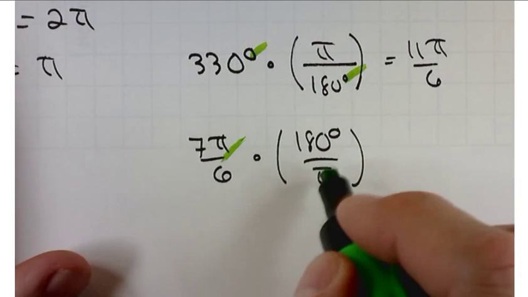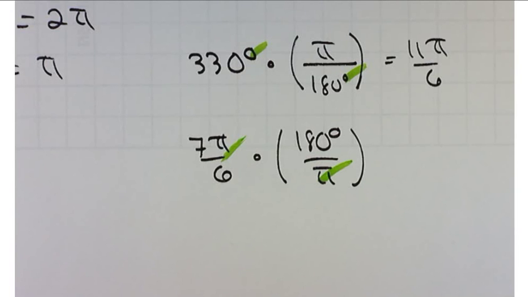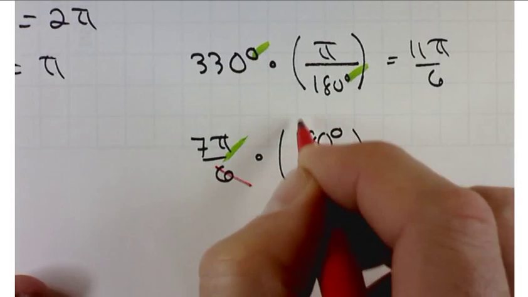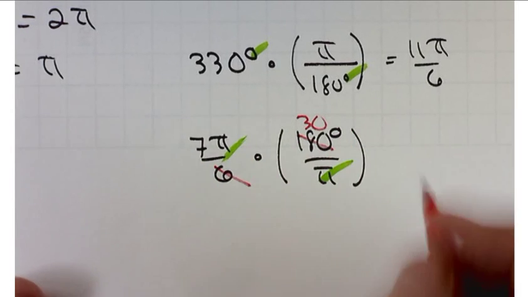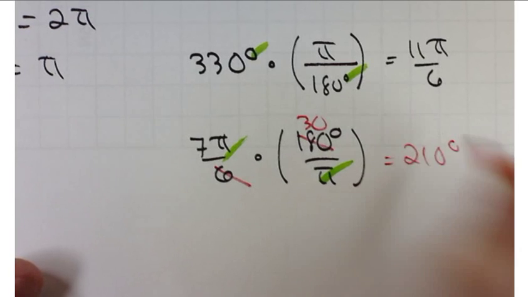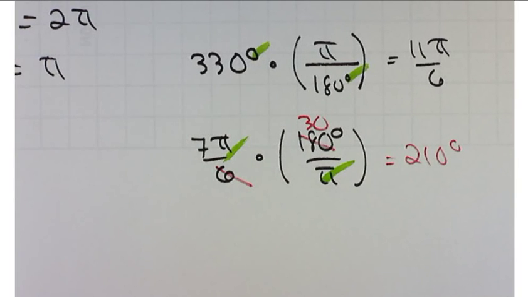Pi cancels right away. And then I would cancel 6 into 180. I'm left with 7 times 30 degrees, 210 degrees. So a quick little back and forth between radians and degrees.